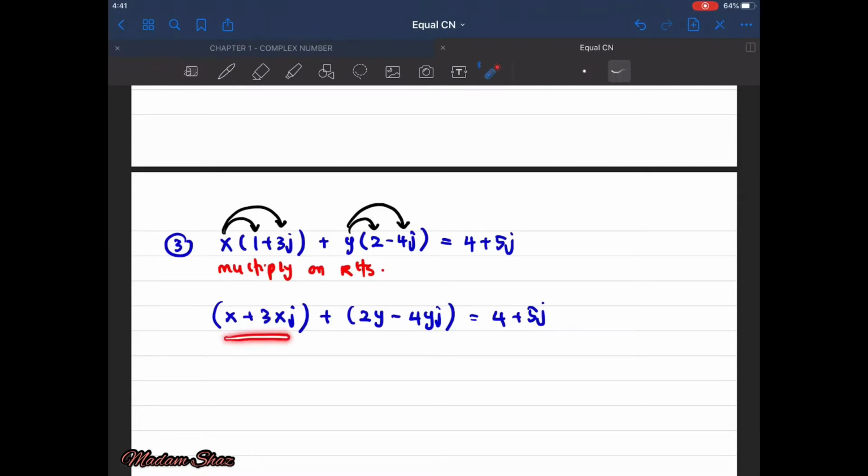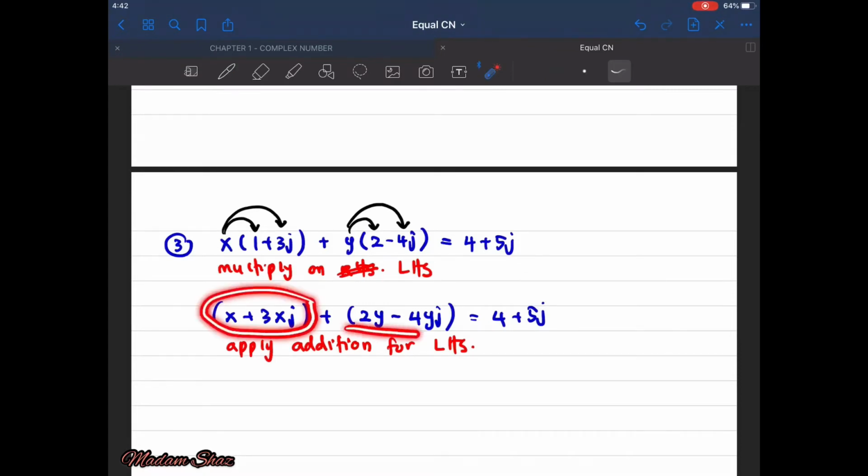So before we compare the left hand side with the right hand side, you have to simplify the left hand side, because we have the plus operation here. First multiply for the left hand side. Second step, apply addition for the left hand side. So x plus 3xj plus 2y minus 4yj.